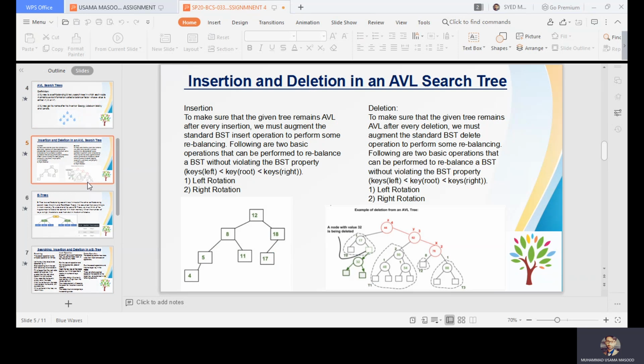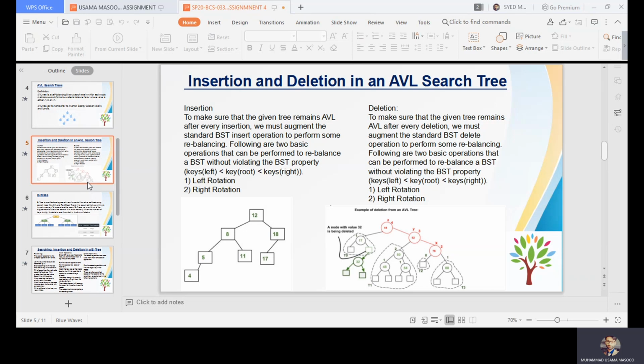While talking about insertion, to make sure that the given tree remains AVL after every insertion, we must augment the standard binary search tree insert operation. We add some standards to the binary search tree and perform rebalancing. The following are the two basic operations that we can perform to rebalance trees, where the left key is smaller than the root key, which is smaller than the right key.